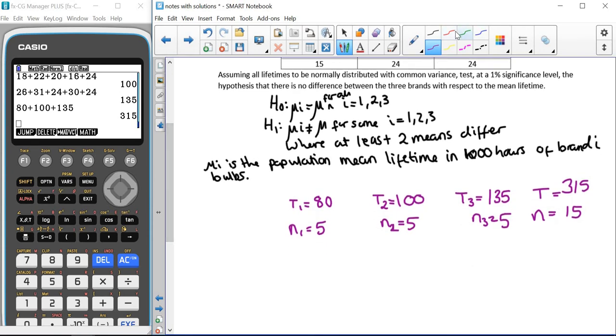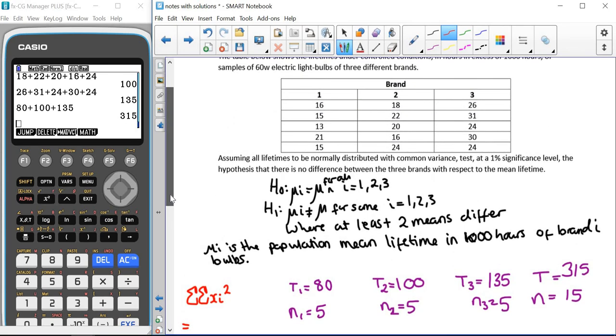The last thing that we need before we can start using our formulas is the sum of the xi squared. So this is where we're adding together each of the values squared.